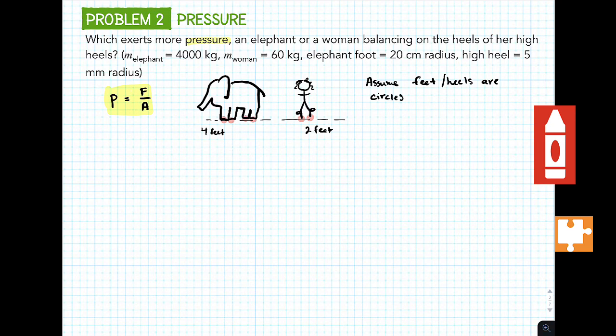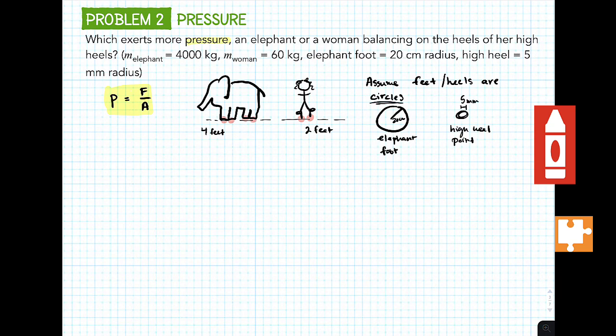So this would be the elephant foot, and it has a radius of 20 centimeters, and then we'll have the heel, which will have a radius of 5 millimeters.